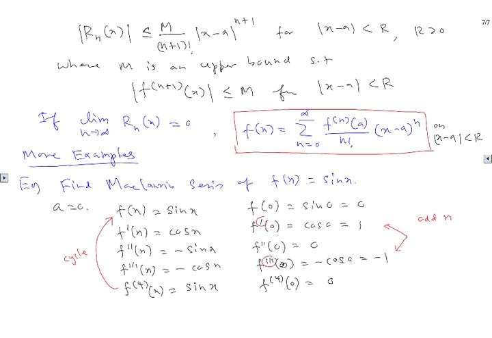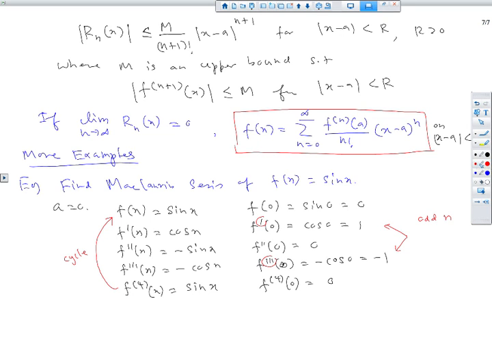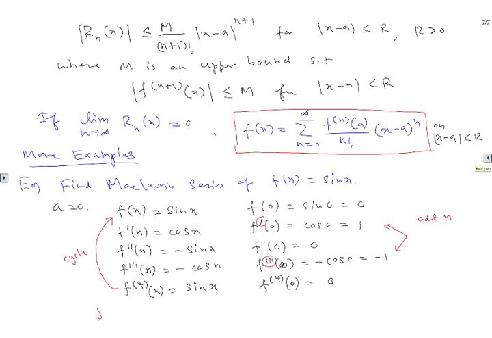So at 5 you get 1, at 7 you get negative 1. That's what you get. What we notice is that if it's 1 it's 1, if 3 it's negative 1, and then it's going to repeat.